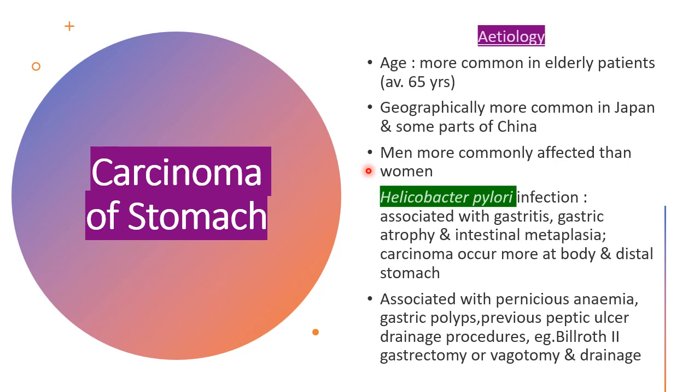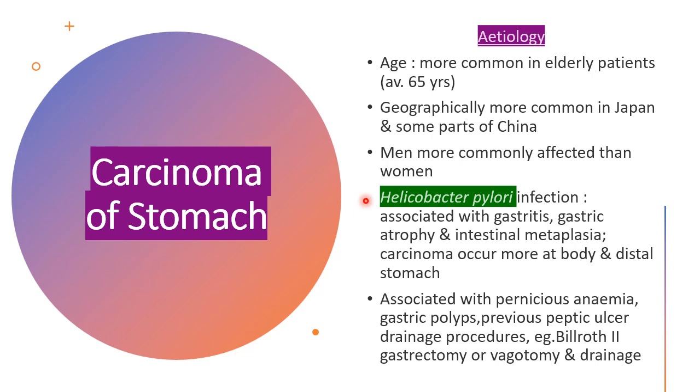As for the causative or etiological factors, Helicobacter pylori infection associated with gastritis, gastric atrophy, and intestinal metaplasia has become the most common predisposing factor for this condition.